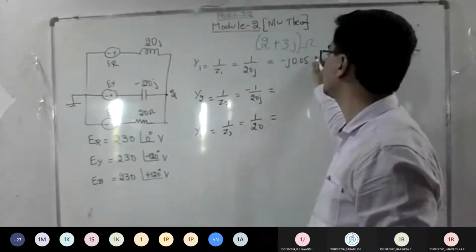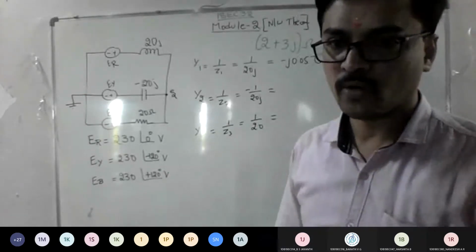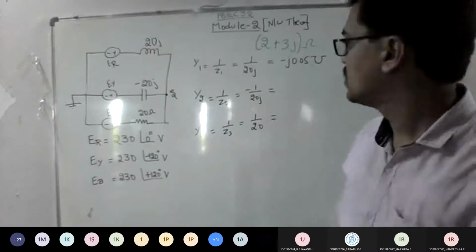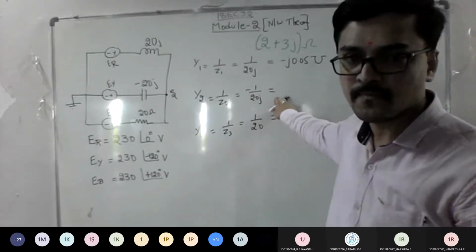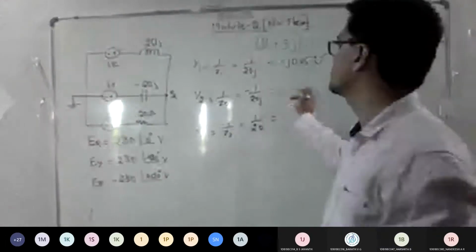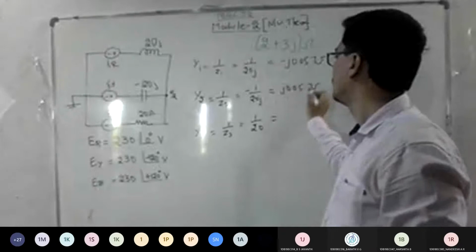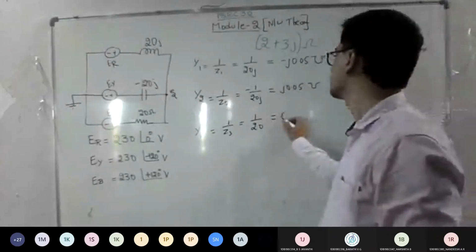What is the unit for admittance? Mho, sir. Mho. So you should write reverse ohm. That becomes mho. What about the second one? I think this is plus. Yes, sir. So this is your positive j0.05 mho. And what about the last one? 1 by 20. That is also 0.05.